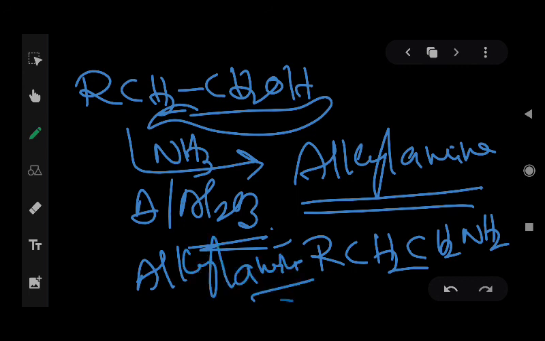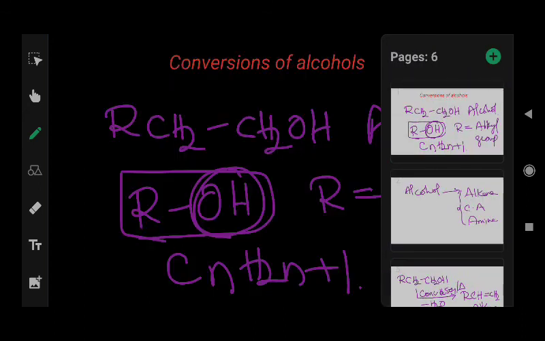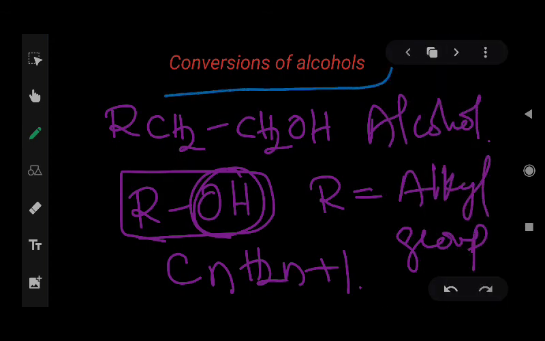These are the simple conversions of alcohols.